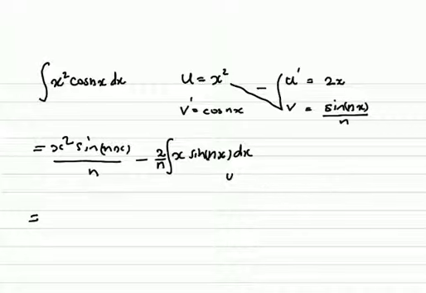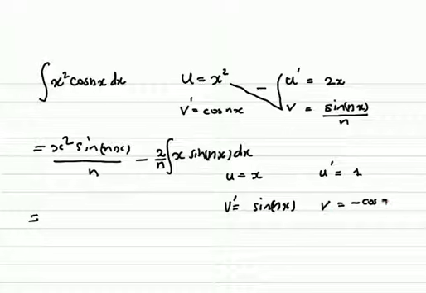Now our choice of u will still be x, and u prime in this case is going to be 1, and our v prime is going to be sine nx. Then our v in this case, sine is a derivative of minus cosine nx divided by the derivative of the argument. Let's cancel that and put an equal sign there.